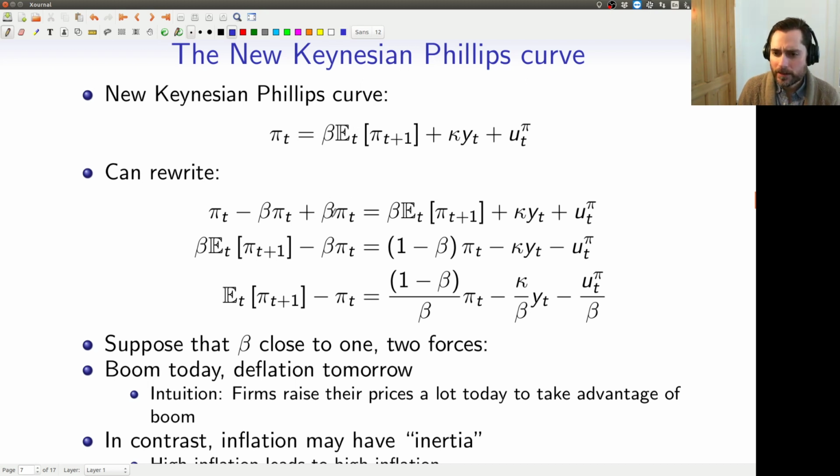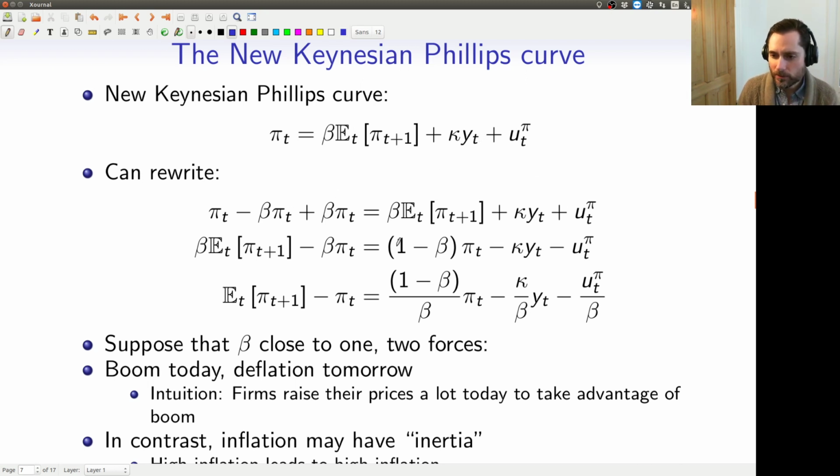We're adding something and subtracting the same thing. Then let's do a little manipulation. We're going to take this beta pi_t term and put it on the other side. We're going to take this kappa y_t term and the u_t^pi term and put those on this side.